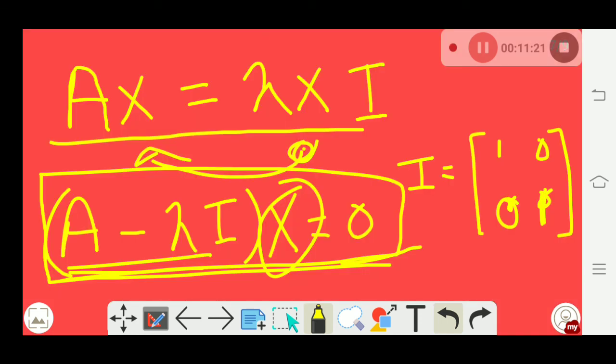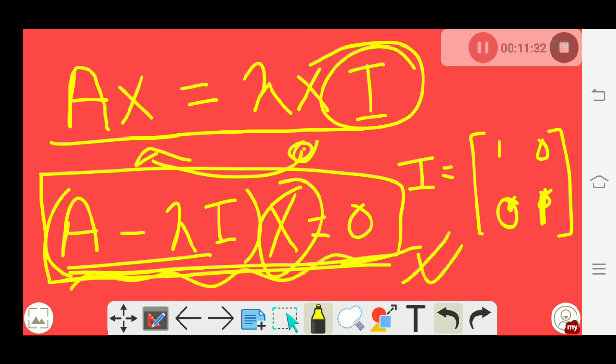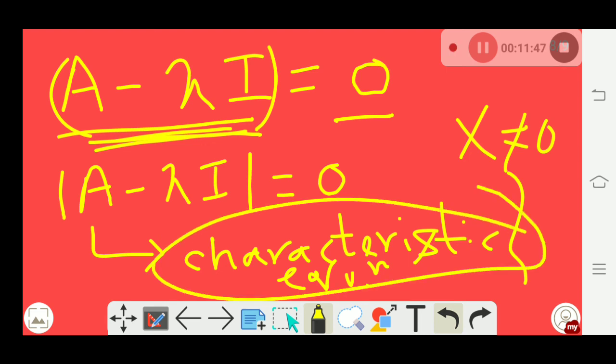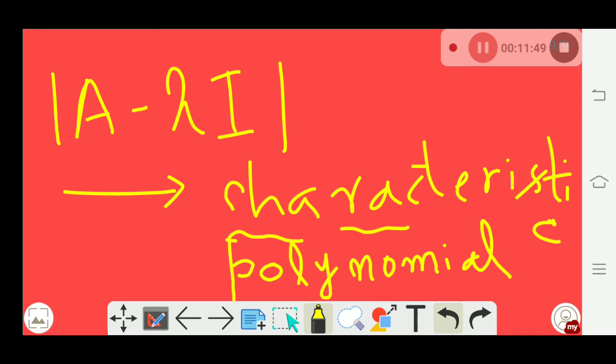Next we multiplied the identity matrix on any side, which signifies 1. With some algebra we got A minus lambda I times X is equal to 0, and if we take the determinant of A minus lambda I equal to 0, this equation is known as the characteristic equation, and this one is known as the characteristic polynomial.